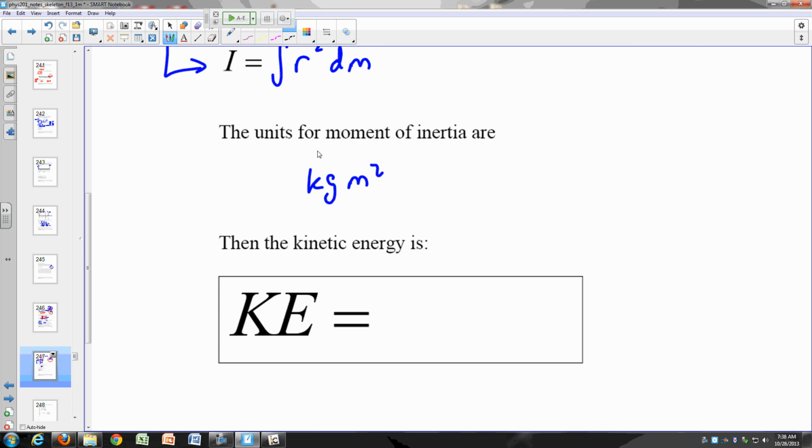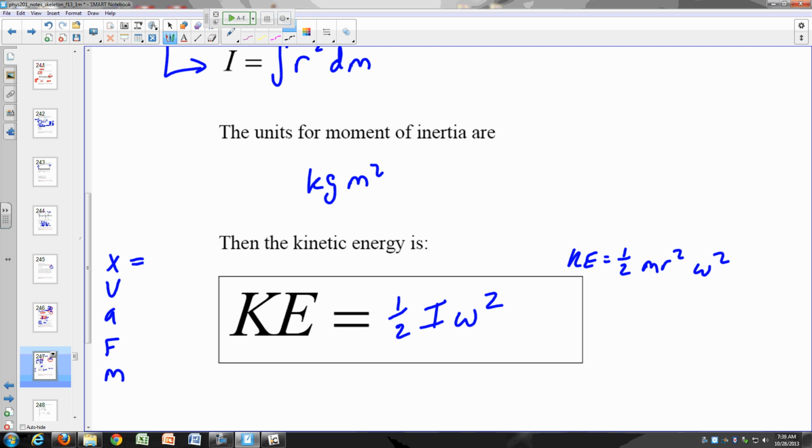And if we go back to kinetic energy, remember we had before that kinetic energy was 1/2 m r squared omega squared. So we get a new expression for kinetic energy, 1/2 I omega squared. We'll come back to this in just a bit, but let me remind you what we've been doing here: we've been taking these linear variables, x, v, a, f, and now m, and translating them into angular quantities.